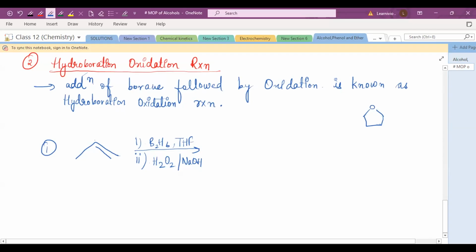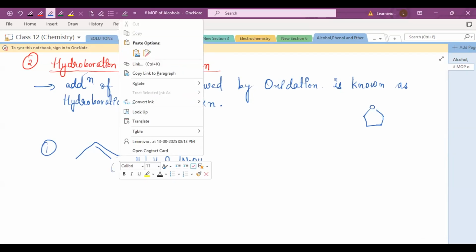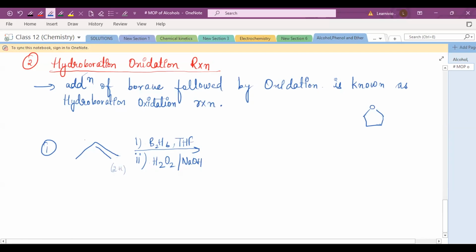Now you can see over here, how many hydrogens are there? In this carbon, there will be two hydrogens, and that carbon, one hydrogen. So basically, in hydroboration oxidation reaction, we apply anti-Markovnikov addition.